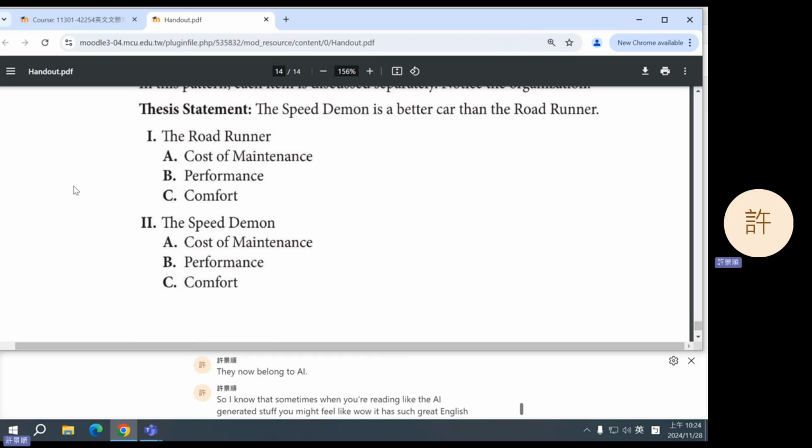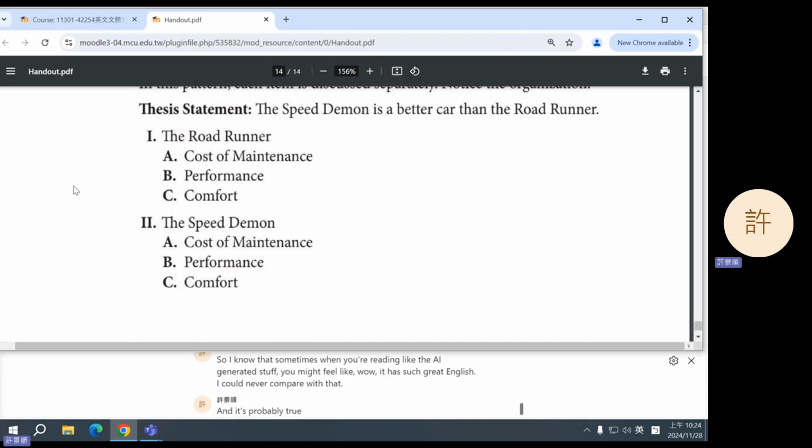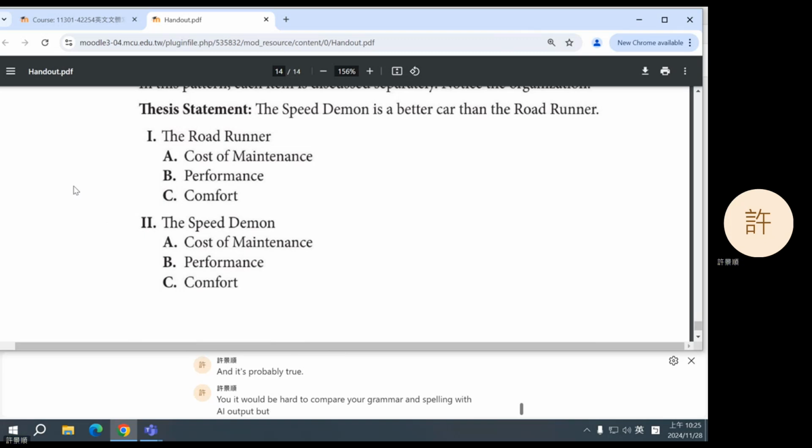I could never compare with that. And it's probably true it would be hard to compare your grammar and spelling with AI output. But the grammar and spelling can be fixed. The choice of words, the word order, the emphasis on expression, those can't be fixed.